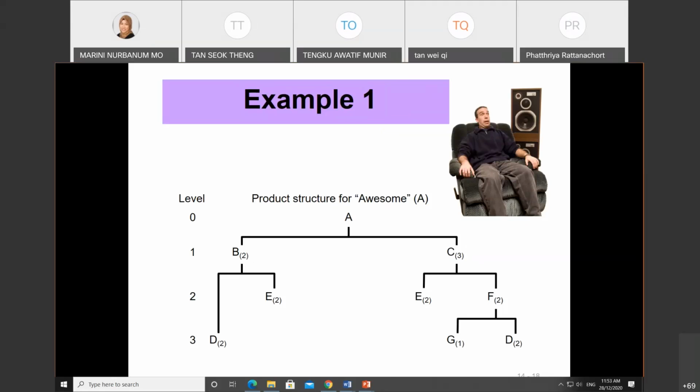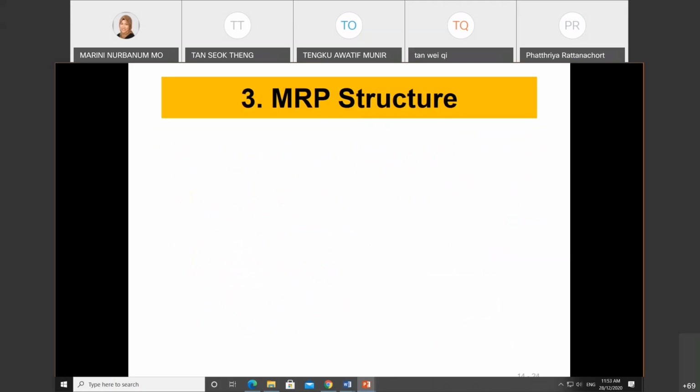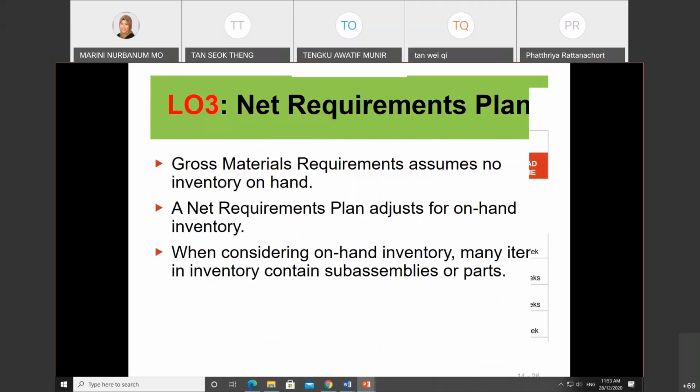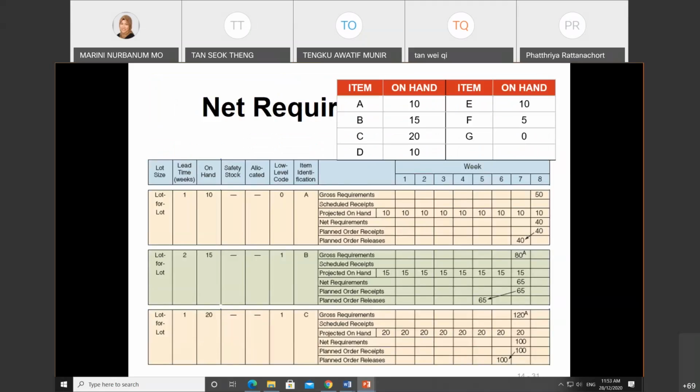Okay, let's look at the information. On the on-hand inventory, is it given here? Wait a moment. Okay, the information on on-hand inventory is up there.